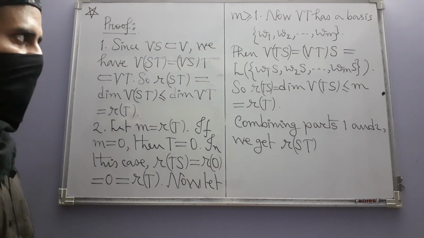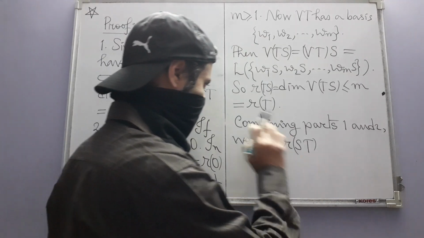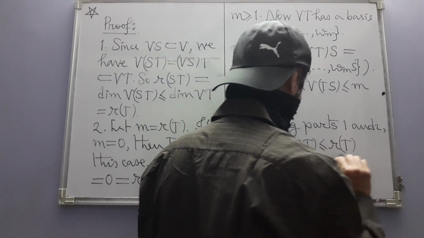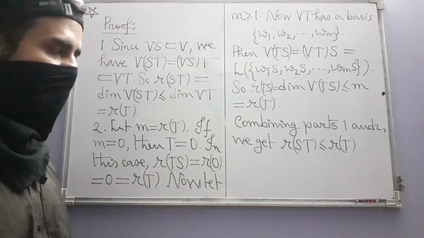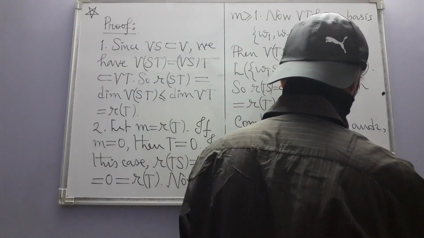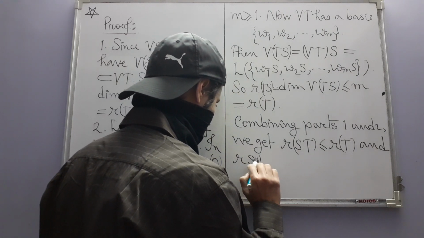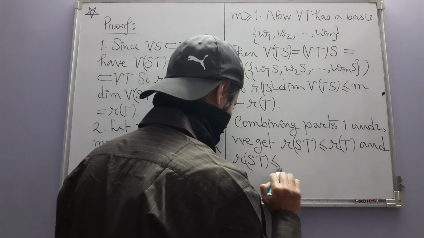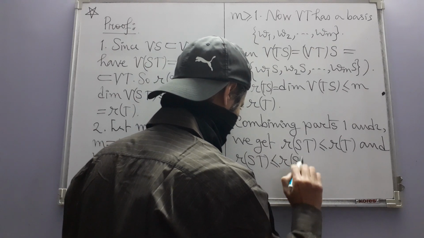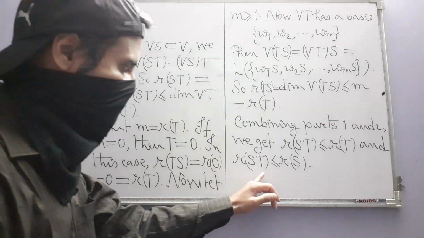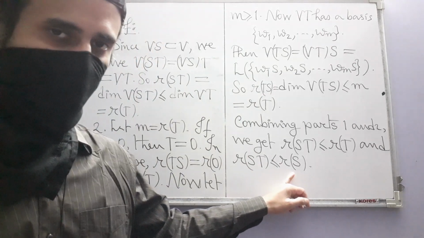So R of St by part 1, this is less than or equal to R of T, and by part 2, R of St is less than or equal to R of S. In fact, precisely this is not given in part 2.